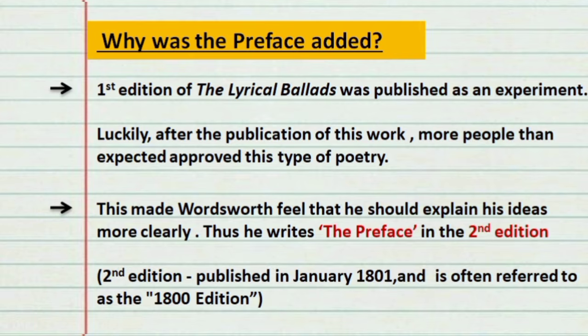But luckily, after the publication, more people than expected approved this type of poetry. Thus, Wordsworth felt that he should give an introduction to his poems. He should explain his ideas more clearly, and thus he wrote the preface in the second edition. Just note that even though the second edition was published in 1801, we call it the 1800 edition.